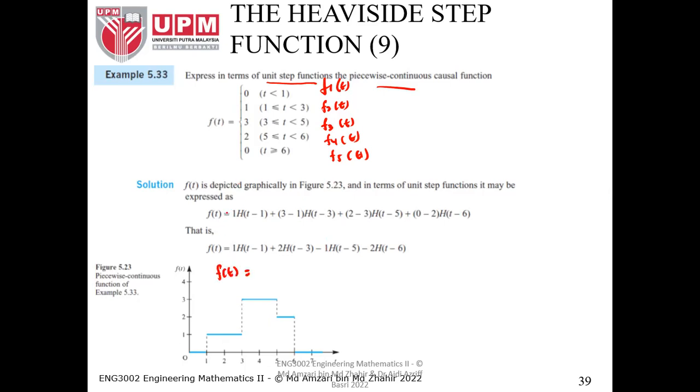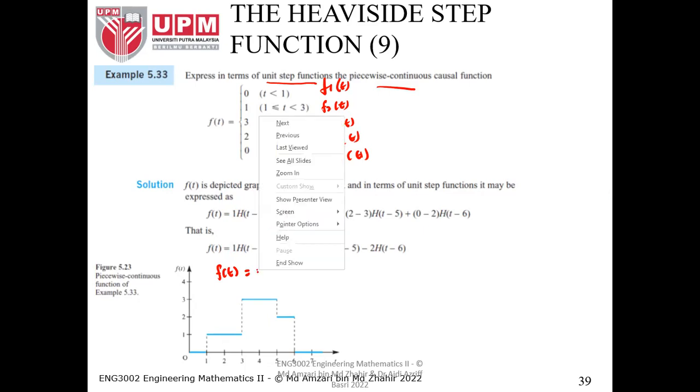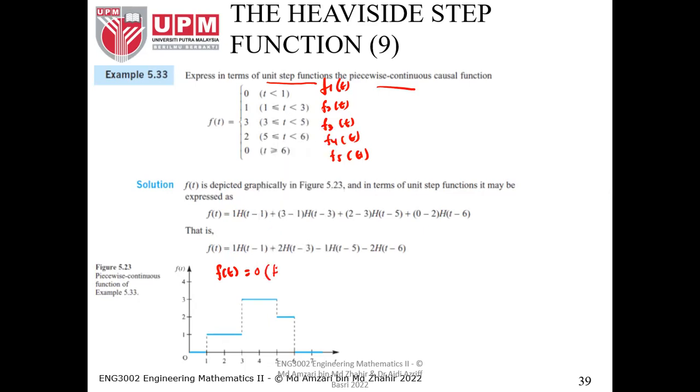First, what is your first function? Your first function here is 0, times H(t), so it becomes 0.